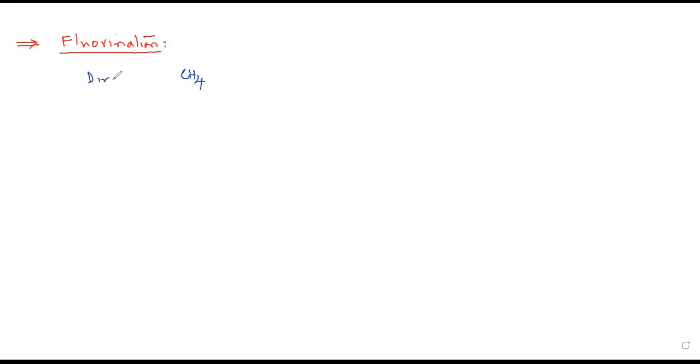The first one is direct fluorination, in which methane reacts with fluorine, with maximum reactivity. Okay, it reacts vigorously, I mean with explosive speed, upon which you get carbon black. Reaction occurs with explosive speed.